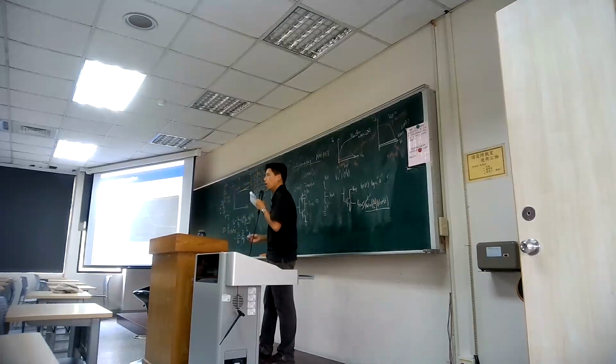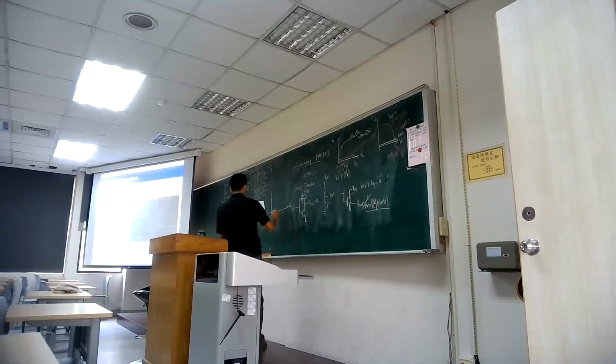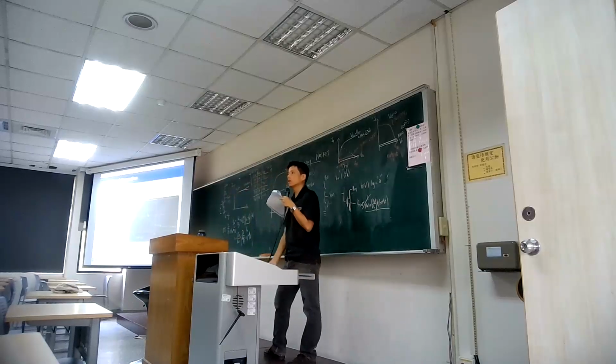So if you draw the corresponding solution, here is the output voltage, here is the ID. We first plot the curve of NMOS state, from 0 volt, 1 volt, here's 2 volt, here's 3 volt.